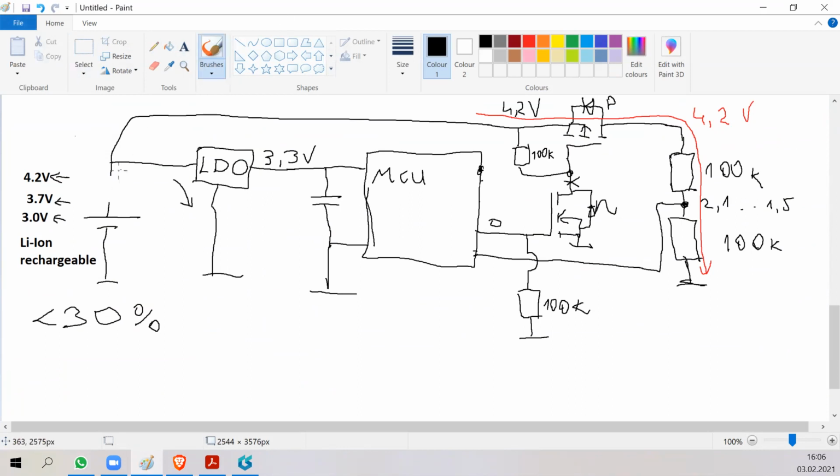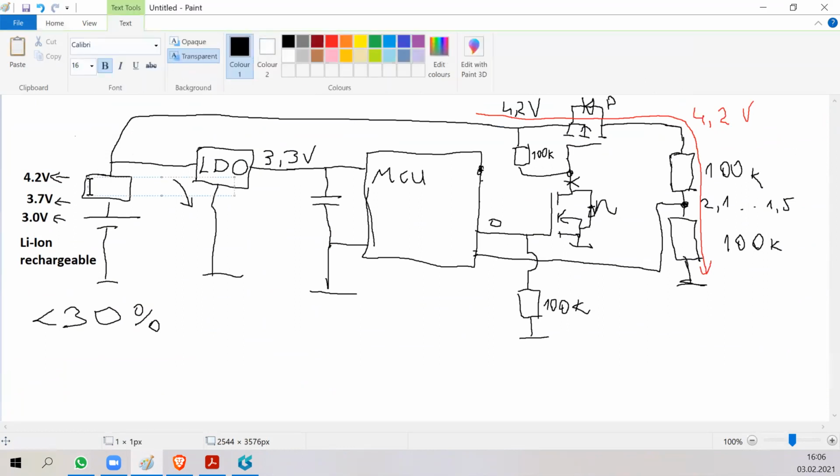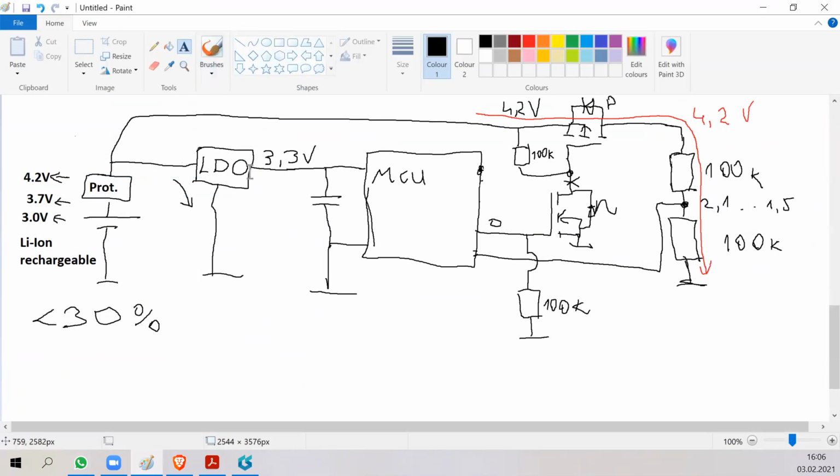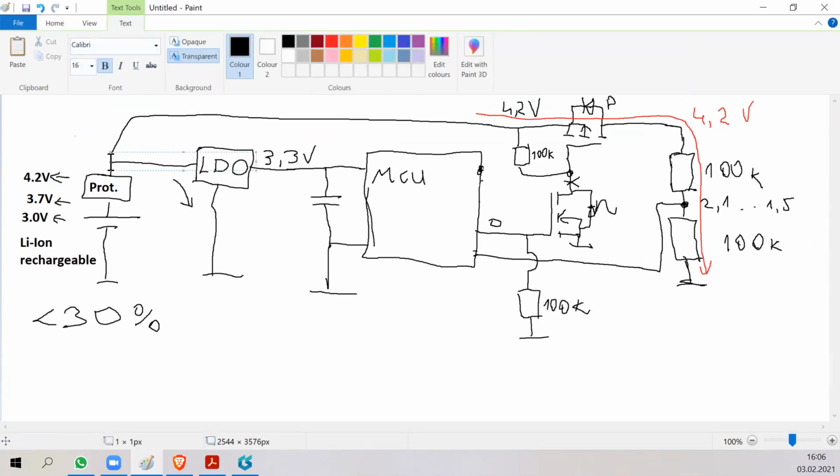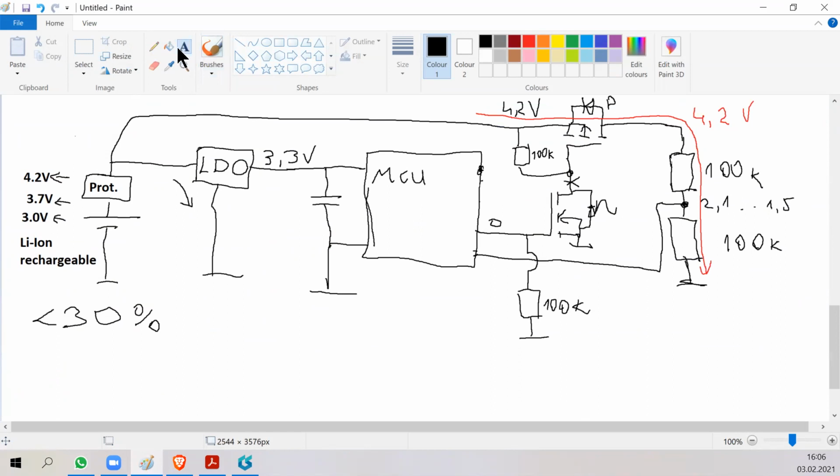I'll draw it here, protection here. Then you have a low dropout regulator, and then the microcontroller. For this battery you also need a charger, a separate chip which you can connect, for example, to micro USB.